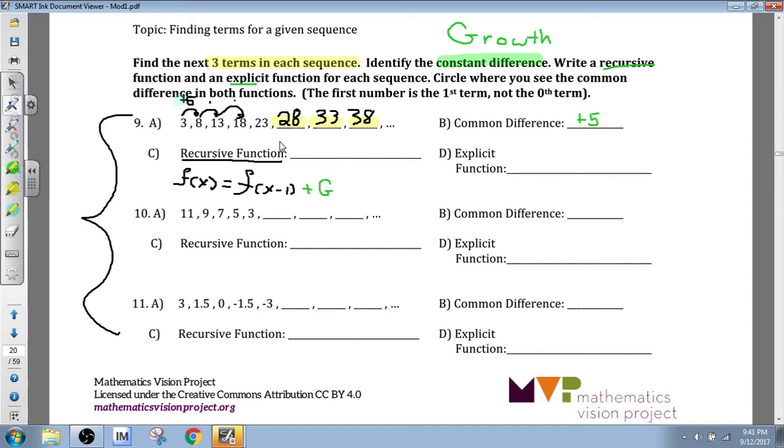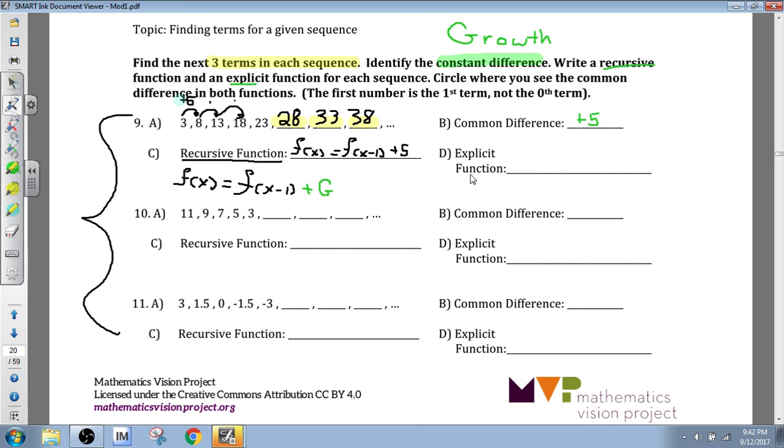So for this function, each step is f of x minus 1, and then we got to add our growth here, which is 5. So plus 5. And that is our recursive function.